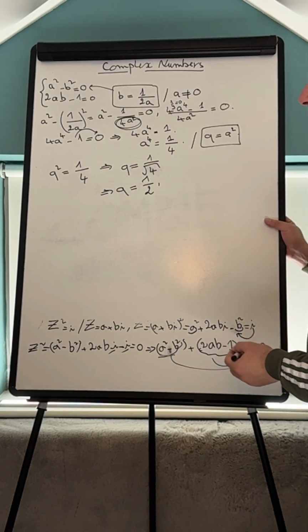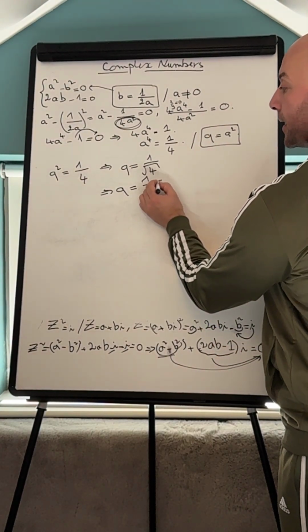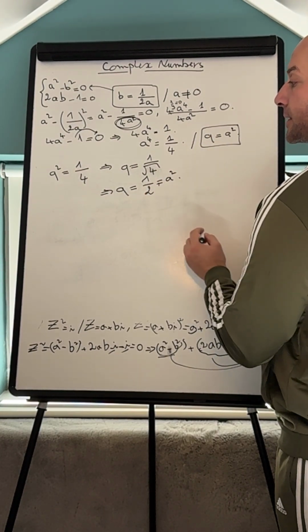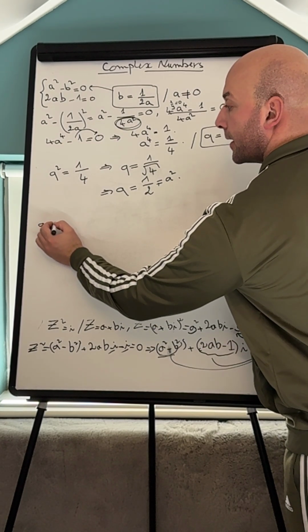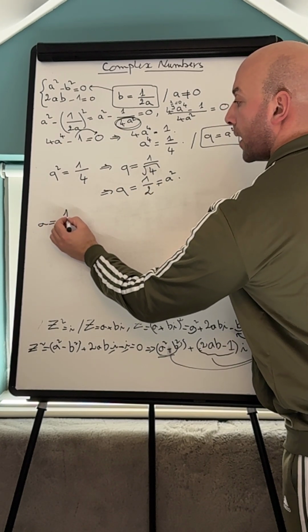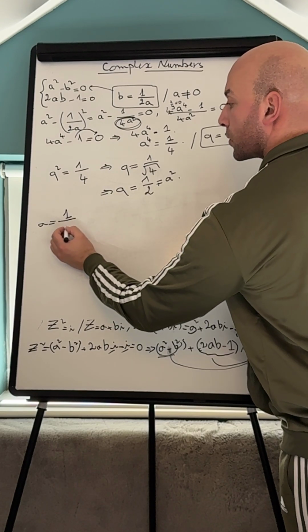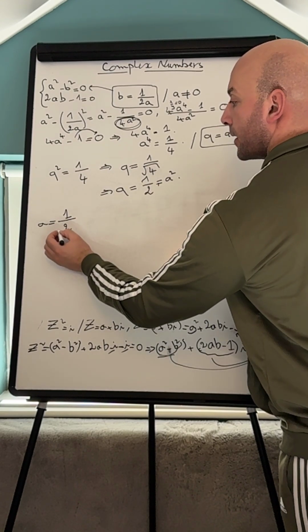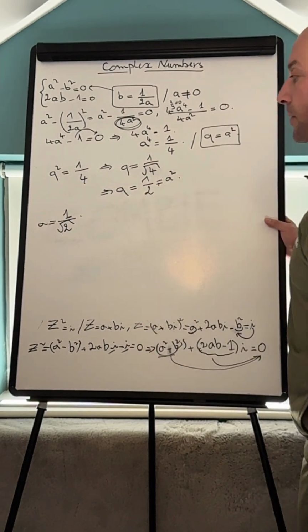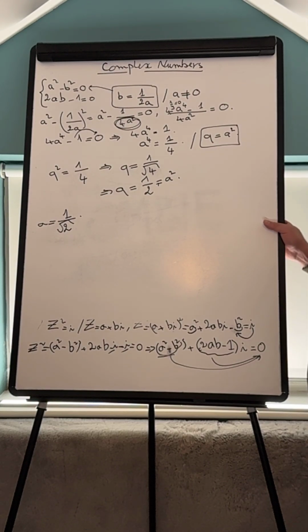This is for q. We've got q equals a squared, so a equals 1 divided by the square root of 2. This is what we've got for a.